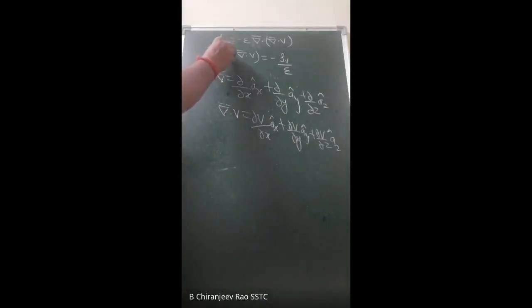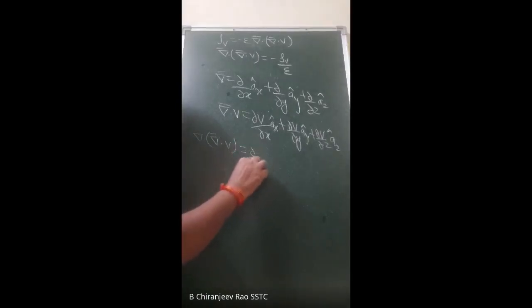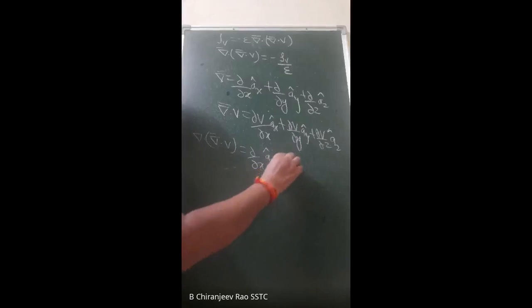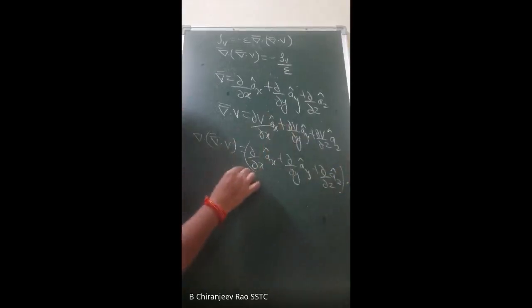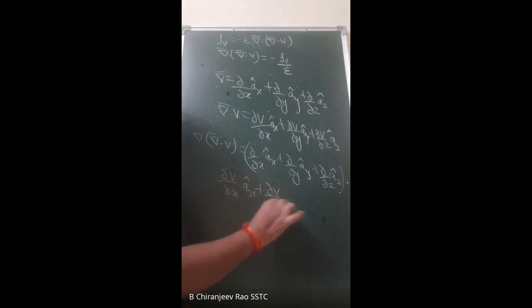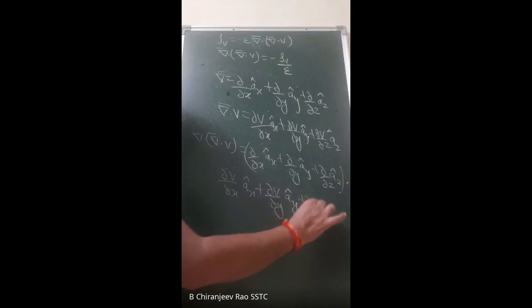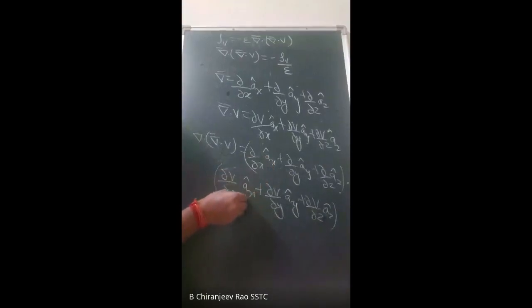And what we have to find is this vector operator dot vector operator on V, which will be equal to del by del x ax plus del by del y ay plus del by del z az, dot product with del V by del x ax plus del V by del y ay plus del V by del z az. Here ax dot ax, ay dot ay, az dot az are equal to 1.